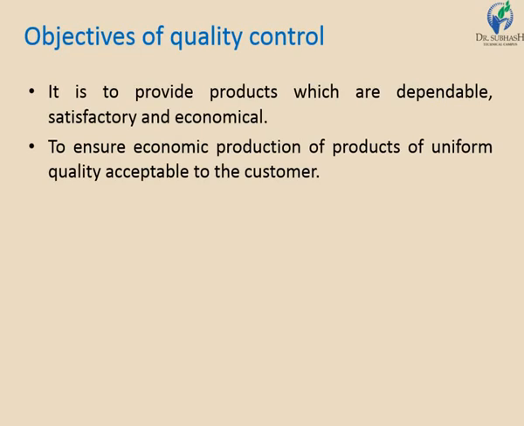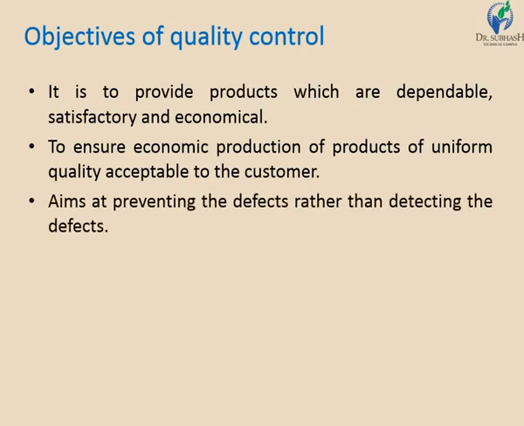Production cost should be economical, and uniform quality products should be produced that are acceptable to the customers. Customers will be ready to accept if the quality of the product is maintained throughout, and production should be economical.